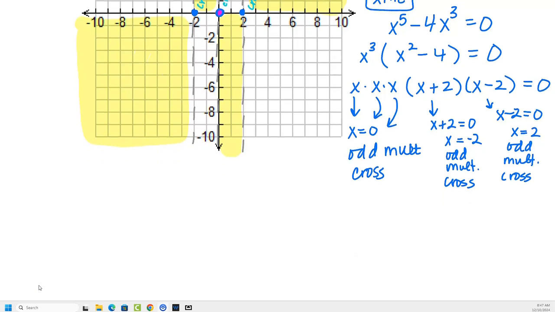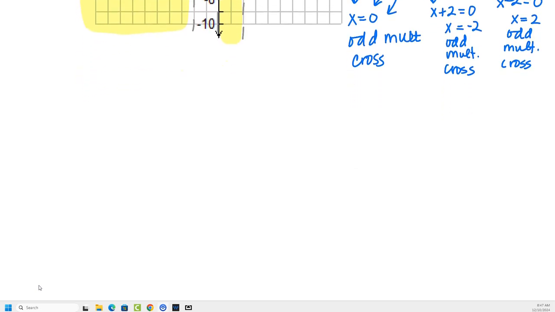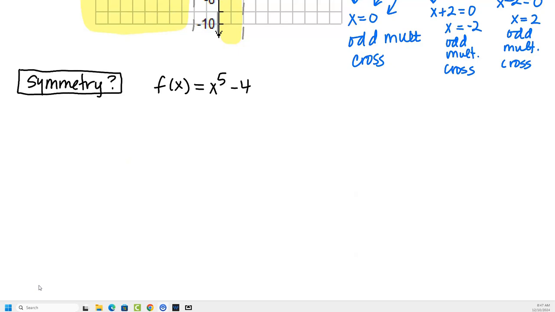Okay. I'm going to come down here now. Let's see, does it have symmetry? Okay, so this is where we would do the test, right? But remember, I'll rewrite the function here. f of x equals x to the fifth minus 4x to the third. All the exponents on the variables are odd.